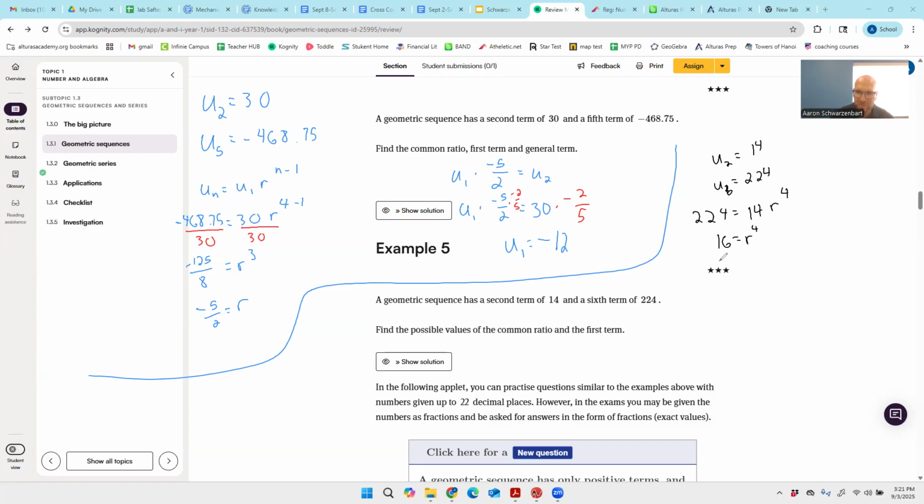I will fourth root both sides and I will get plus or minus 2 for R. Yes, it could be either of them, because with negative 2, you go negative back to positive.